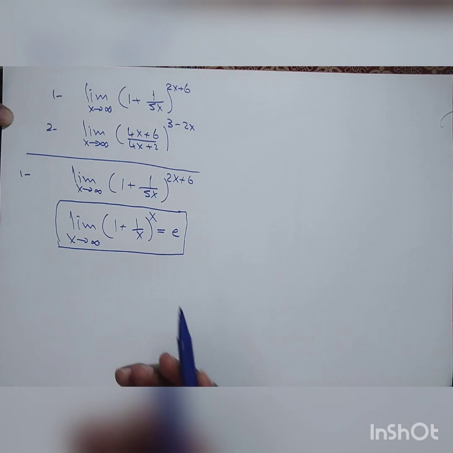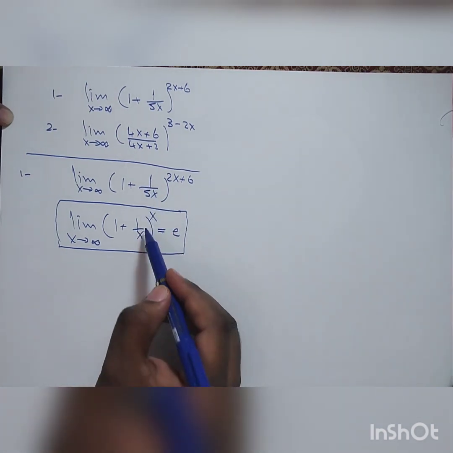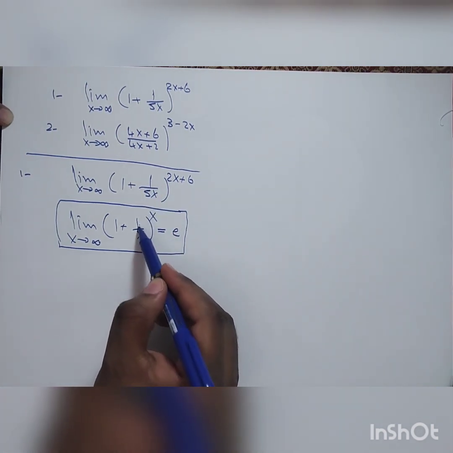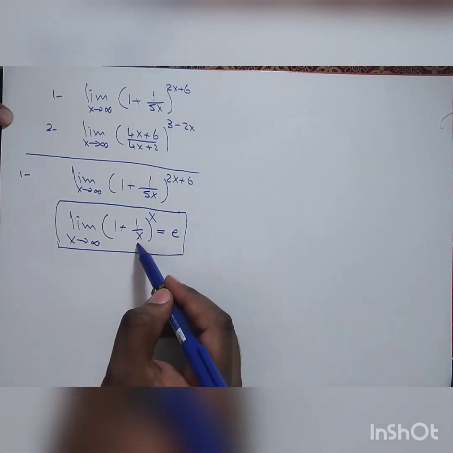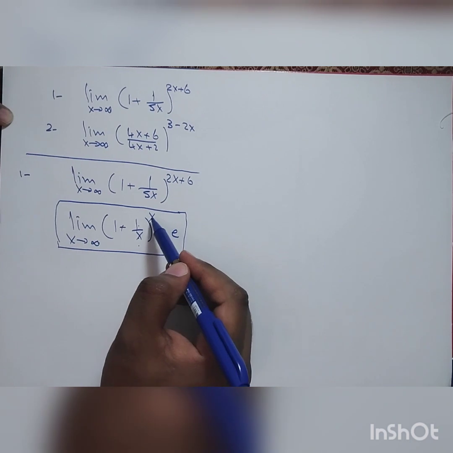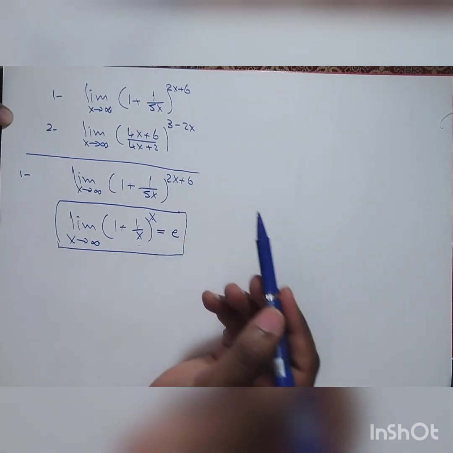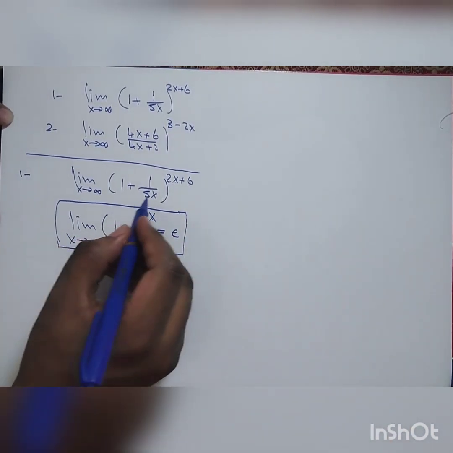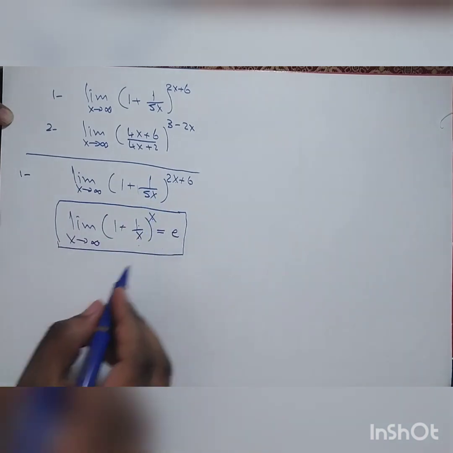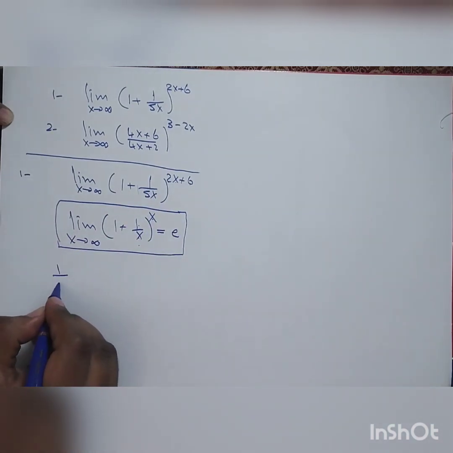Now you see here we have 1/x, but here we have 1/(5x). Then we need something similar to this. And also in the exponent, we have x, but here we have 2x + 6. So we also need to do something here. The first step would be to replace this part by 1/u.